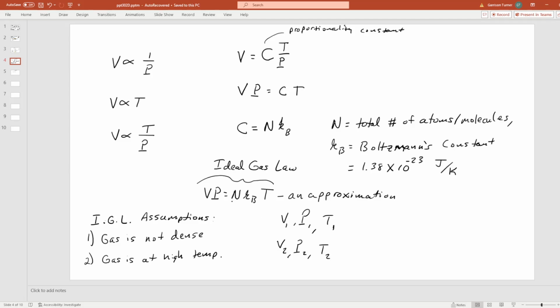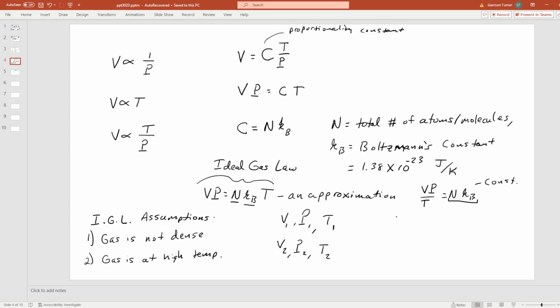And if your gas is in a completely sealed container that molecules can't get in or out, then you've fixed the number of molecules. Boltzmann's constant is a constant, so you can also write this as VP over T equals NKB. So for a given system, if N is constant, then this whole thing is constant.